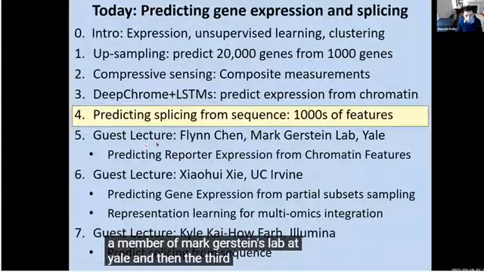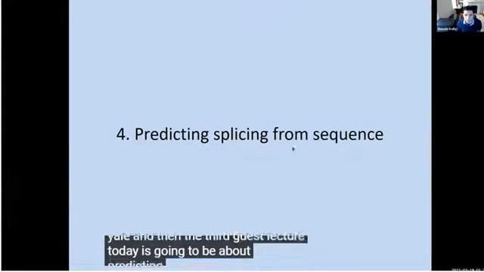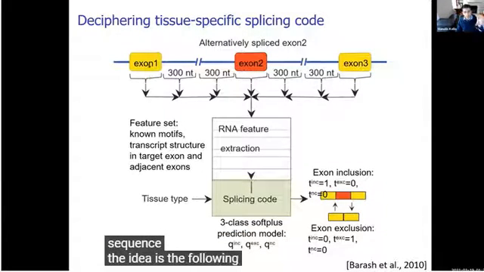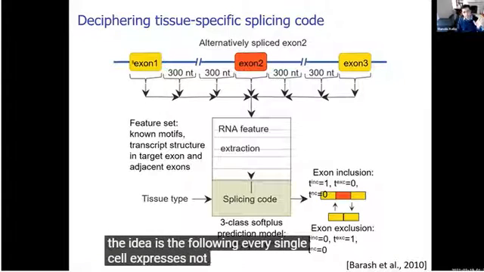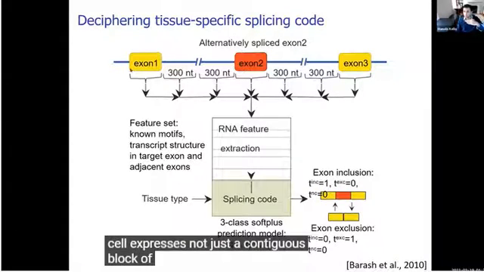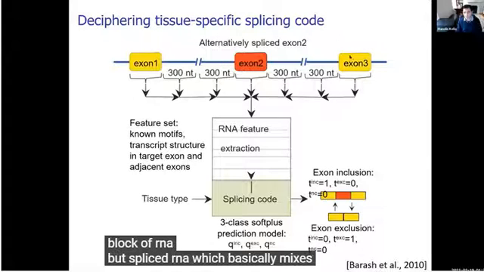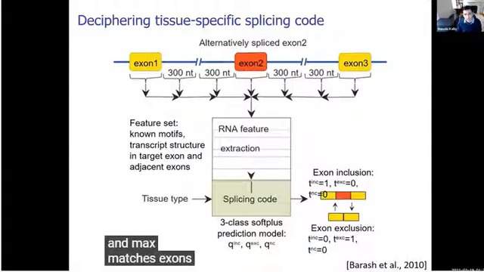And then the third guest lecture today is going to be about predicting splicing directly from sequence. The idea is the following. Every single cell expresses not just a contiguous block of RNA, but spliced RNA, which basically mixes and matches exons for different tissues and cell types.